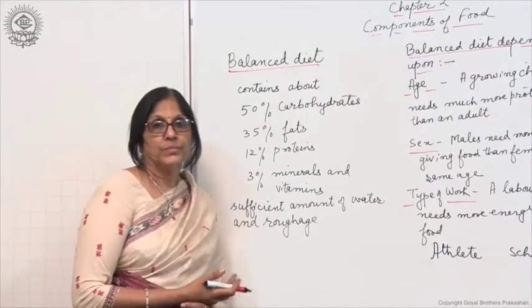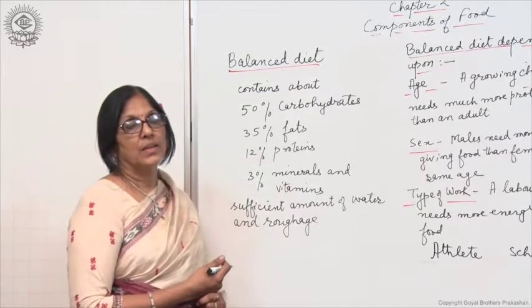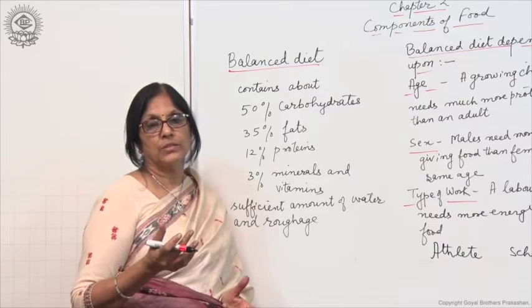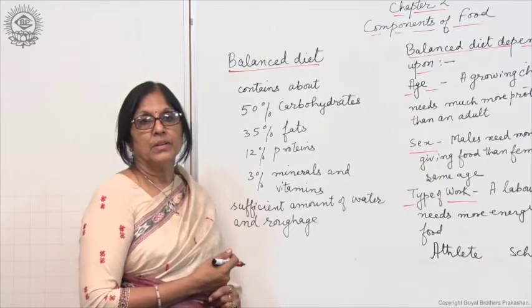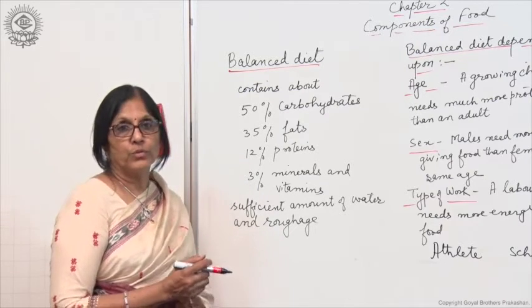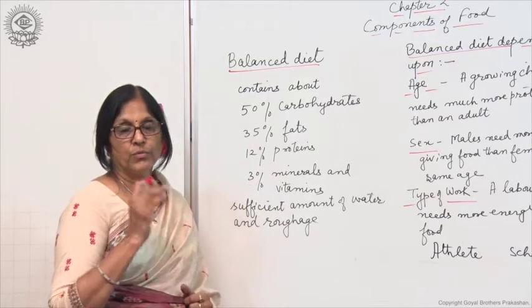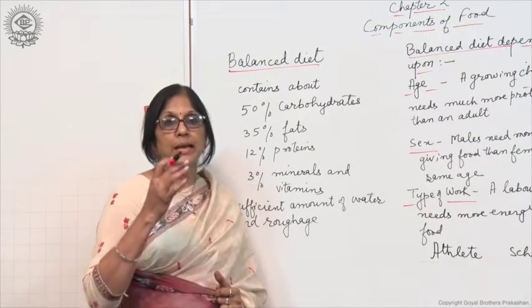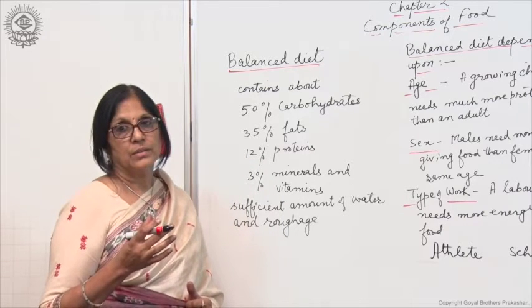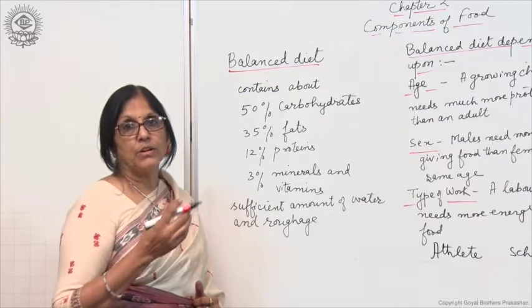Now you know about the 7 important components of the food, and you know that your food should contain all these nutrients or components, but your food should not only contain all these nutrients, but also a balanced quantity of all these nutrients should be included. So that is called a balanced diet.